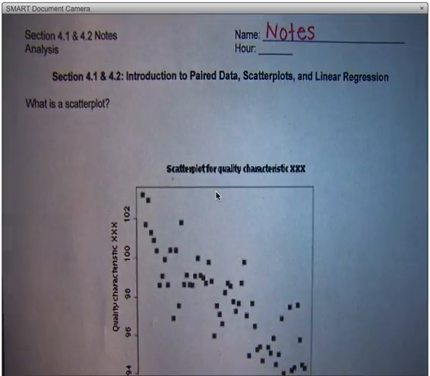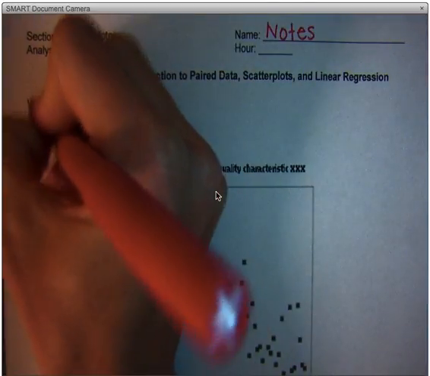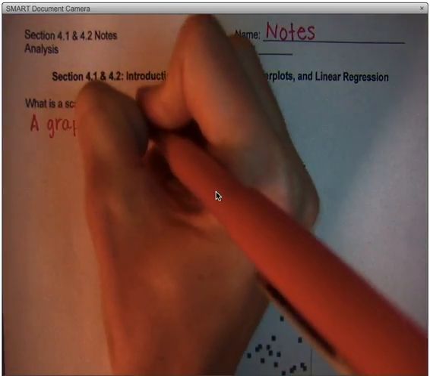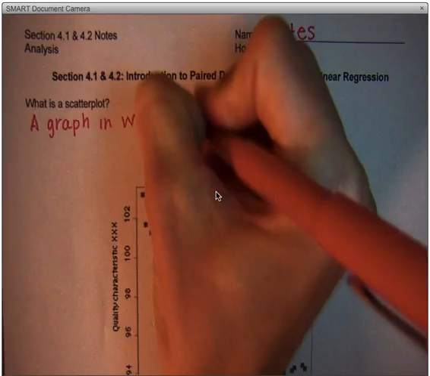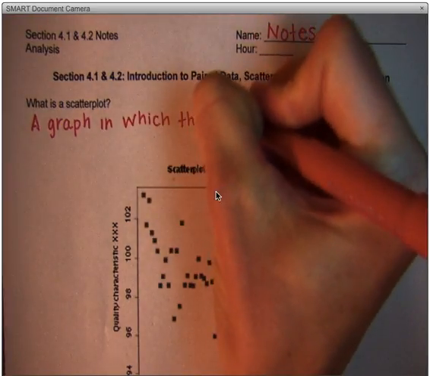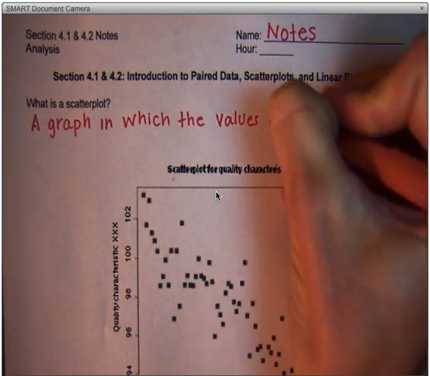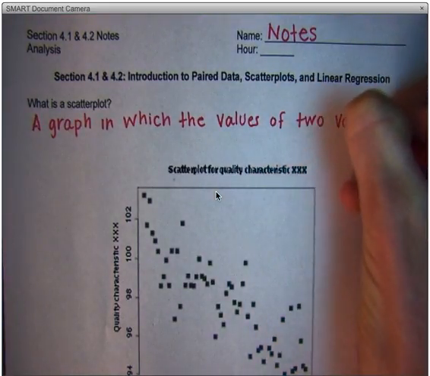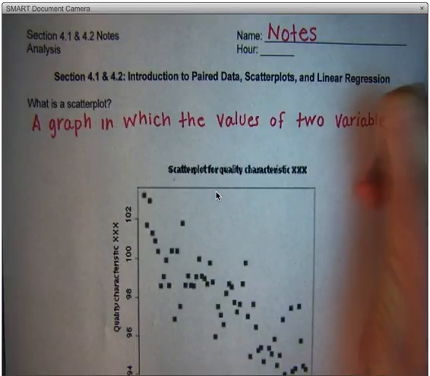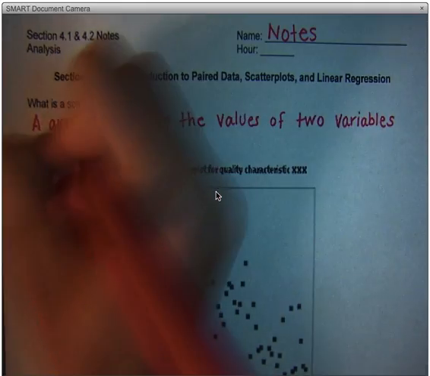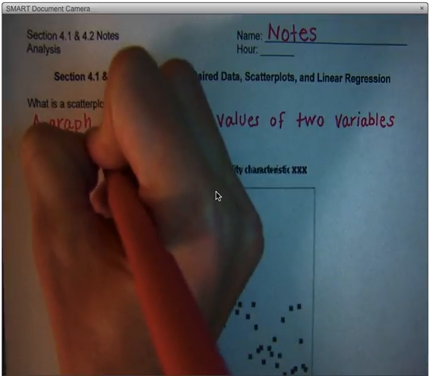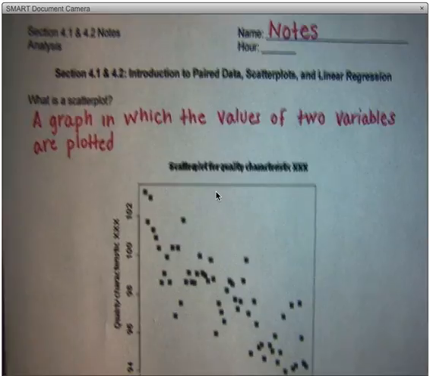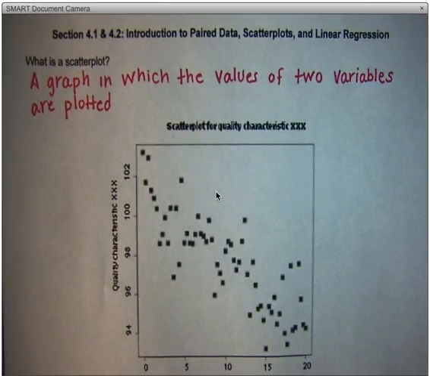So a scatter plot is a graph in which the values of two variables are plotted. Okay, so just like any xy coordinate. And then you're going to plot those all over a graph.